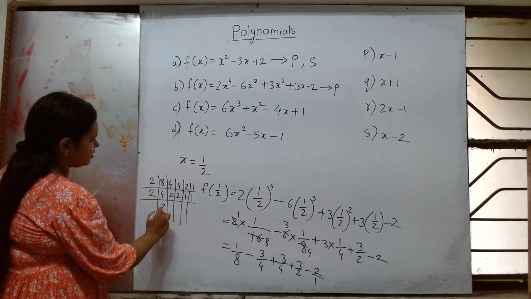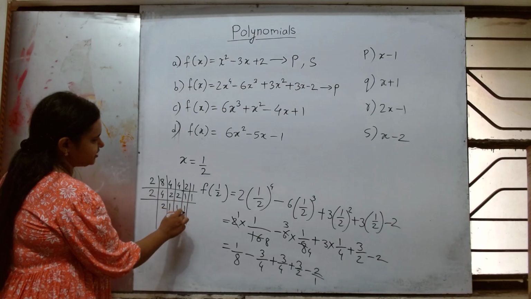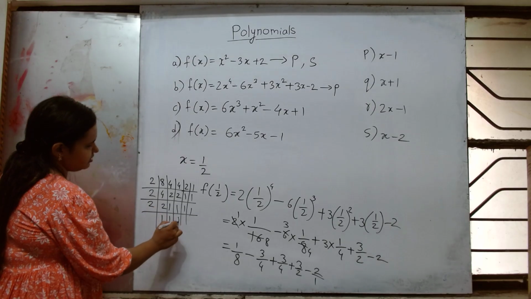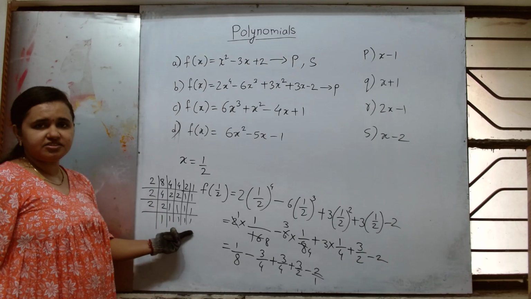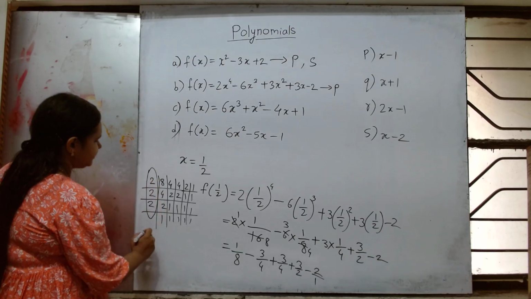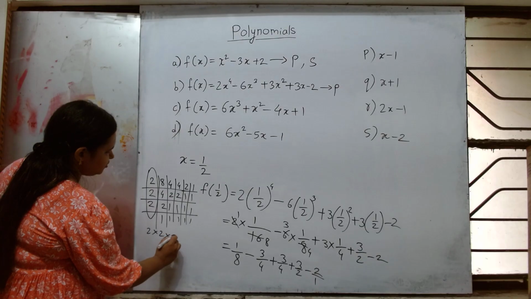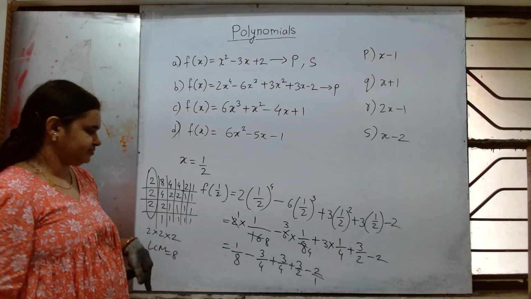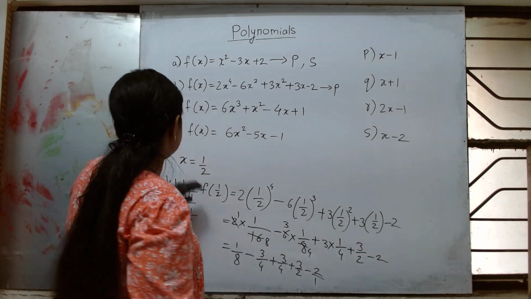Now 2 2s are 4, 2 1s are 2, 2 1s are 2, and 1 1. Now again divide by 2, until it comes 1 1 1. Now just multiply this side. It is 2 into 2 into 2. So LCM will be 8. Okay. So now the LCM is 8.